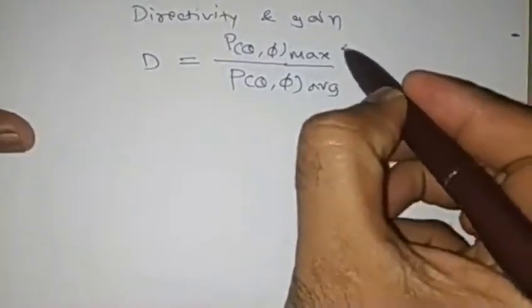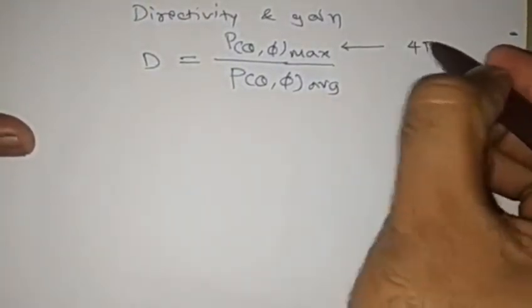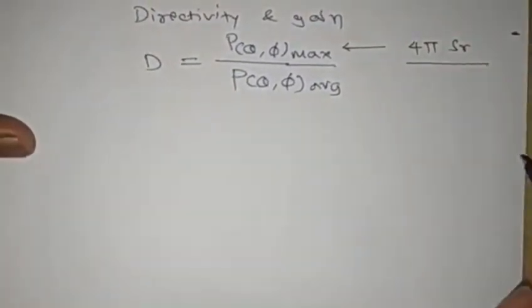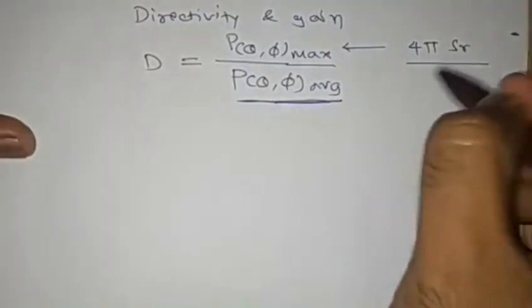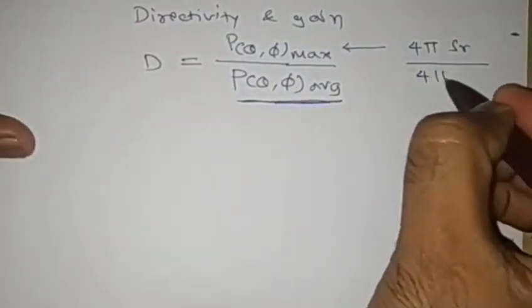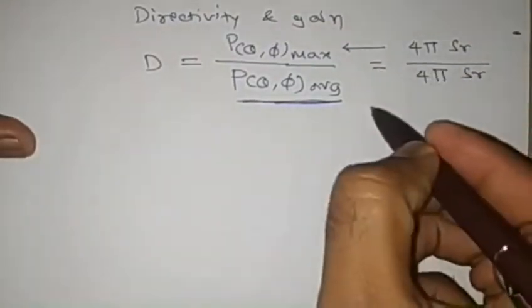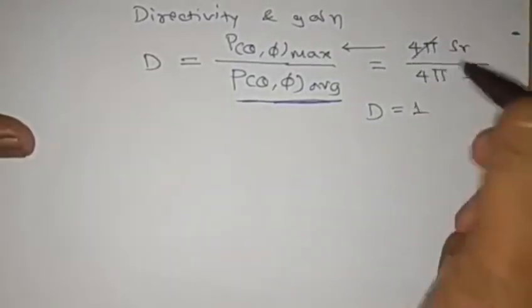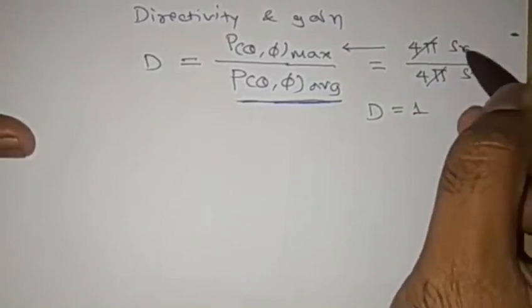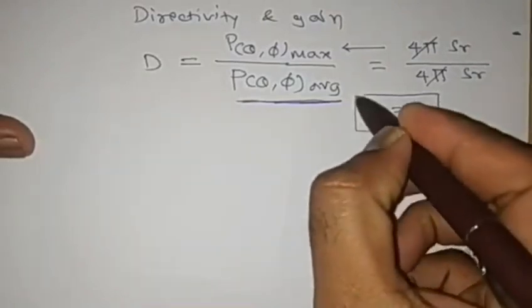The maximum power radiated by an antenna can be 4 pi steradian in the case of an isotropic radiator, and the average value of power radiated, equally in all directions, can also be 4 pi steradian for an isotropic radiator. Thus, the lowest possible value of directivity is 4 pi divided by 4 pi, equal to 1, and since this is a ratio of two identical quantities, the directivity is a dimensionless number.